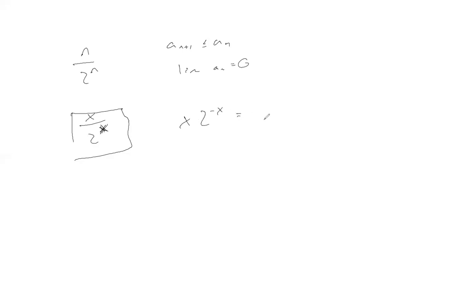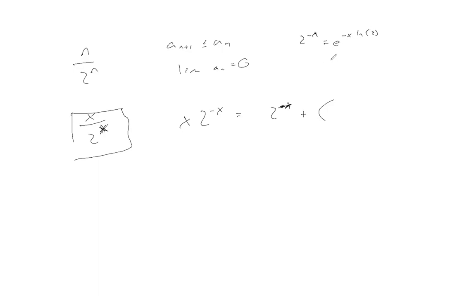So what's the derivative of this? It'd be 2 to the negative x, plus x times the derivative of 2 to the negative x. Well, what's the derivative of 2 to the negative x? I could rewrite 2 to the negative x as e to the negative x ln of 2, which might seem weird to do, but now I know how to find derivatives of e to the powers of whatever.